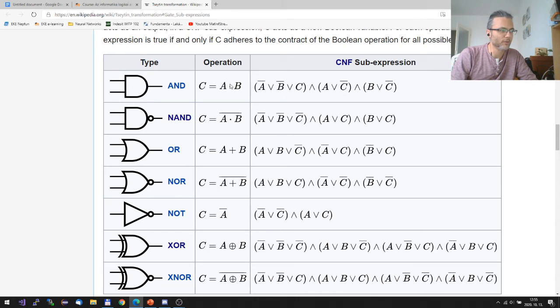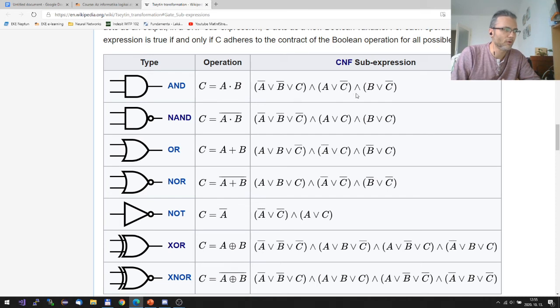This is also another notation for conjunction, multiplication. Similarly, addition is another notation for disjunction, and so on. So anyway, here you have a variable C, which is equivalent with A and B. Then this is the CNF you can immediately generate.